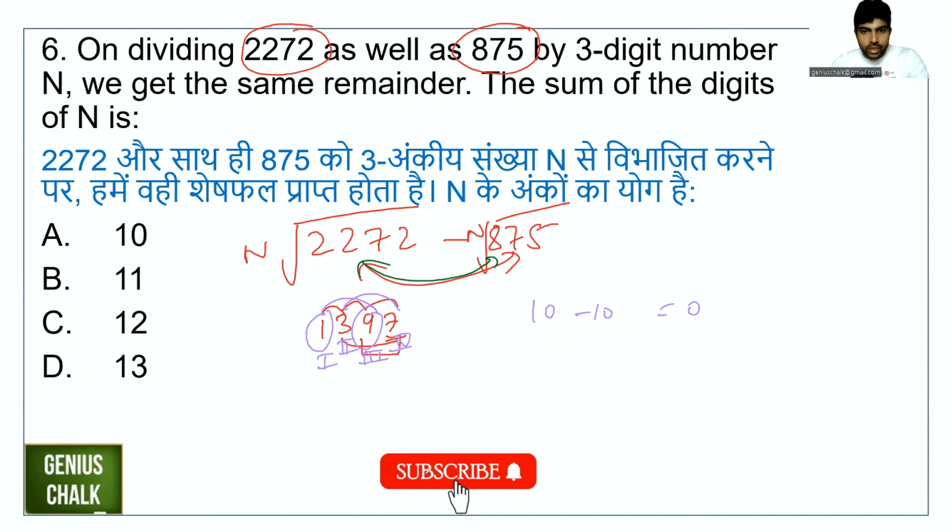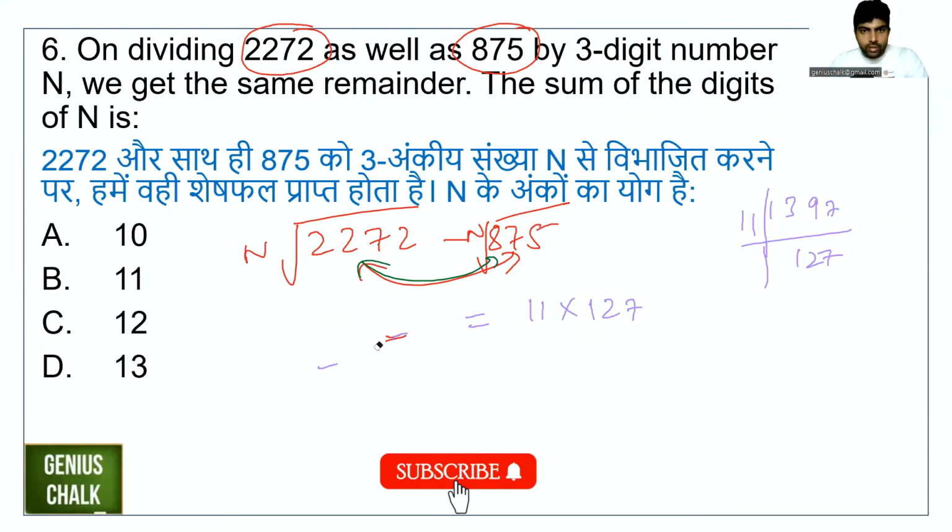So it can be written as 11 into something: 11 ones are 11, subtract, and 11 twos are 22, then 127. So this can be written as 11 into 127, which is 1397.